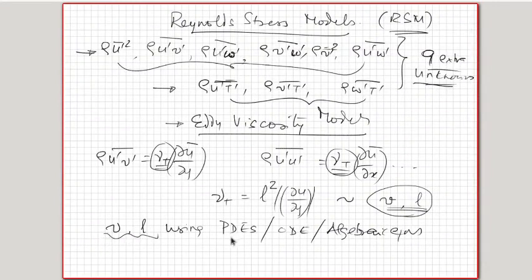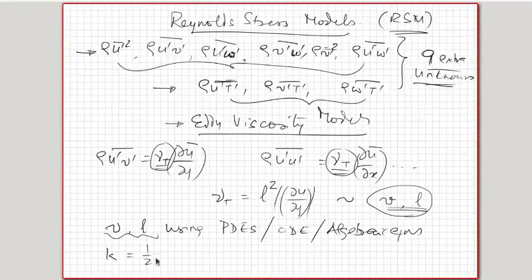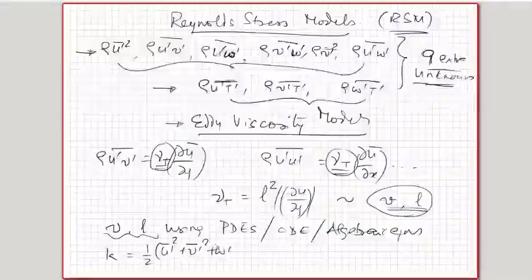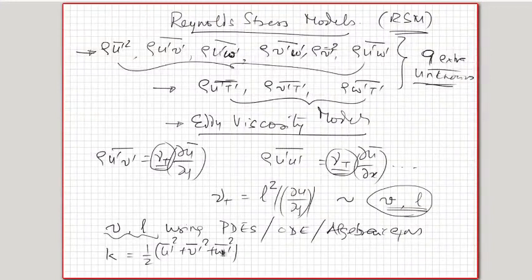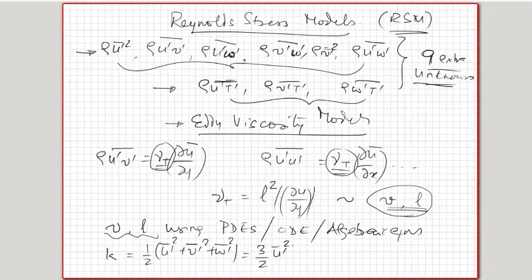Say for example, the partial differential equation could be for k, which is equal to half of u prime bar square plus v prime bar square plus w prime bar square. In isotropic turbulence u prime is equal to v prime equal to w prime, and therefore these quantities are equal, so it gives me 3 by 2 u prime bar square.